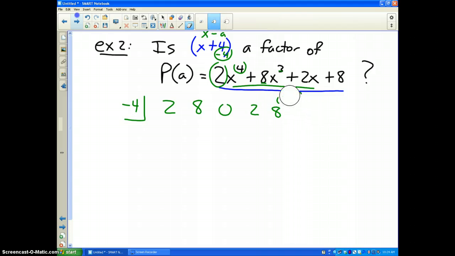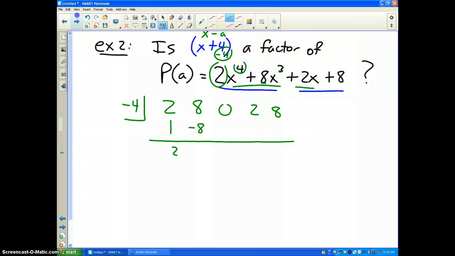I'll erase this, and I'll draw my line. Let's see if this works. Bring down the 2. Negative 4 times 2 is negative 8. I add those and get 0. Negative 4 times 0 is 0. I add those. Negative 4 times 0 is 0. I add those. And then negative 4 times 2 is negative 8. And I add those. And I find out that my remainder is equal to 0.